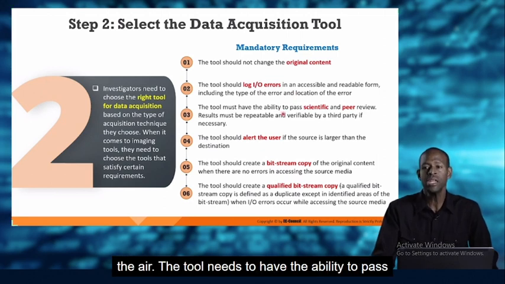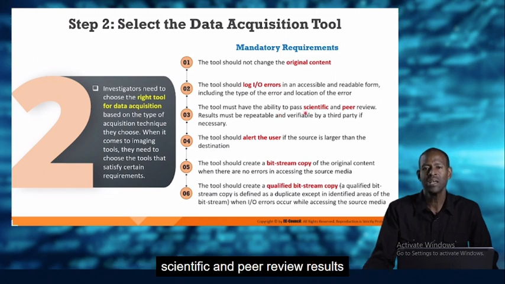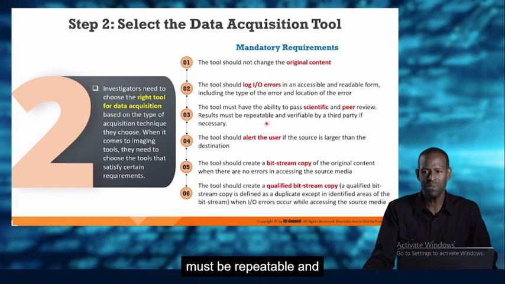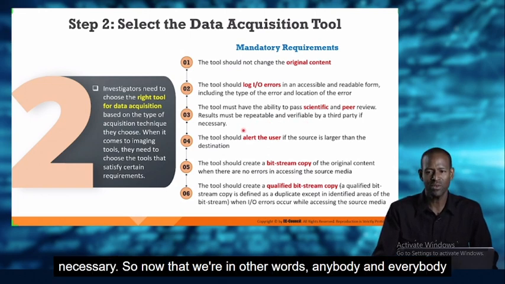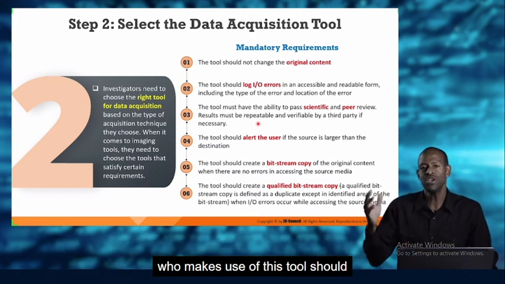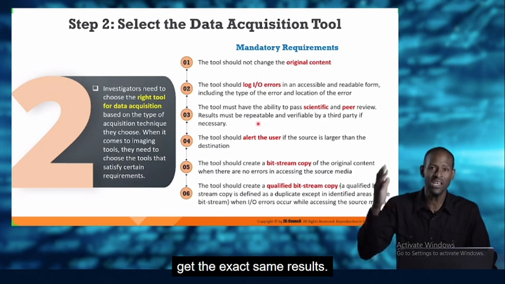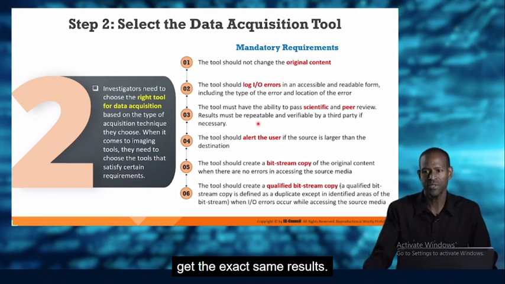The tool needs to have the ability to pass scientific and peer review. Results must be repeatable and verifiable if a third party is necessary. So in other words, anybody and everybody who makes use of this tool should get the exact same results.